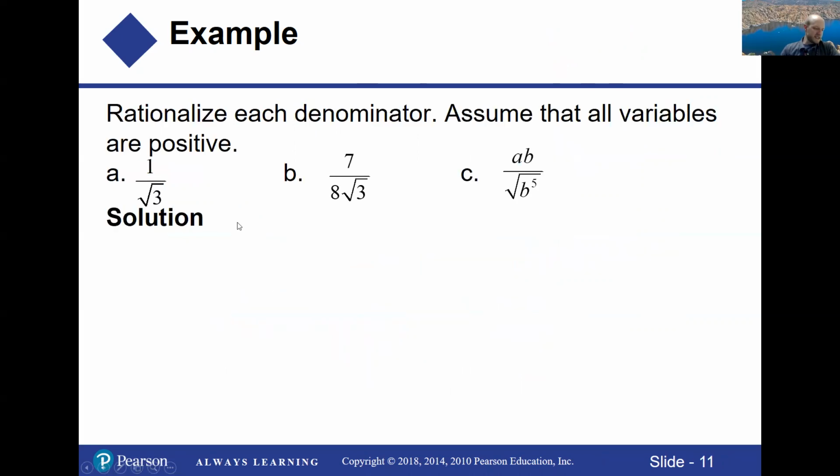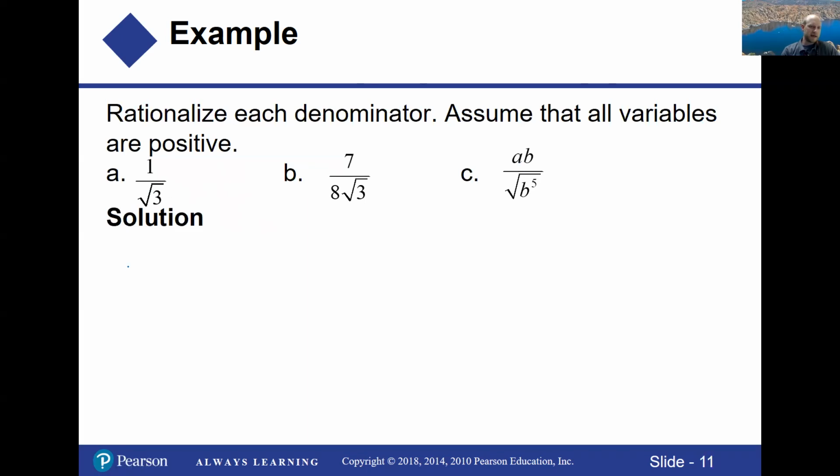Now, let's rationalize the denominator. What is the point of rationalizing the denominator? Well, in math, as a rule, simplified does not mean that we have a radical in the denominator. So in order to call these simplified or rationalized, we cannot have a root in the denominator.